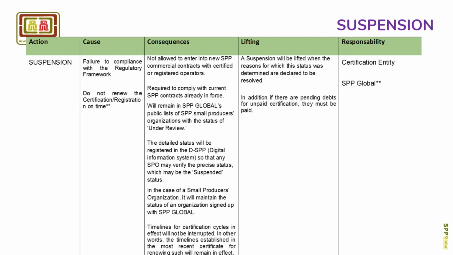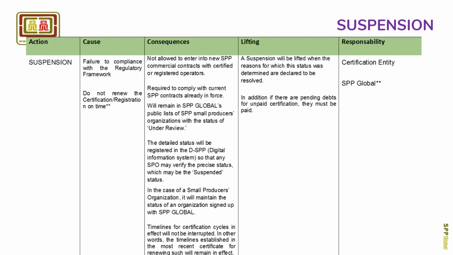It means that the organization should comply with contracts celebrated in the past, should respect these contracts. And for the lifting, a suspension will be lifted when the reasons for which this status was determined are declared to be resolved.